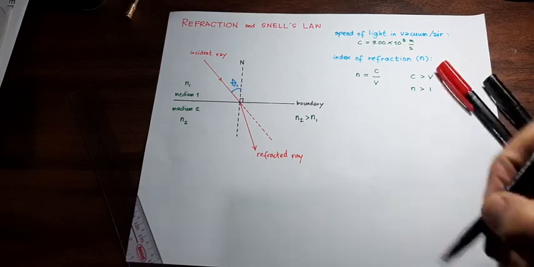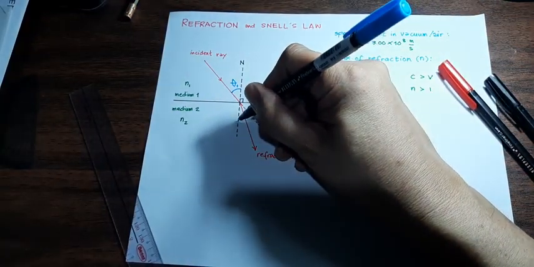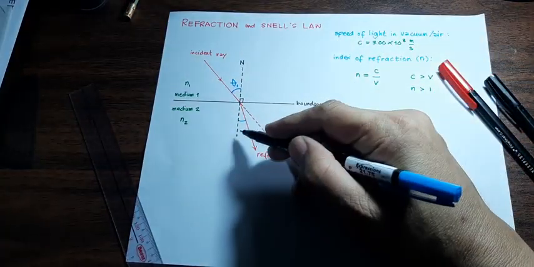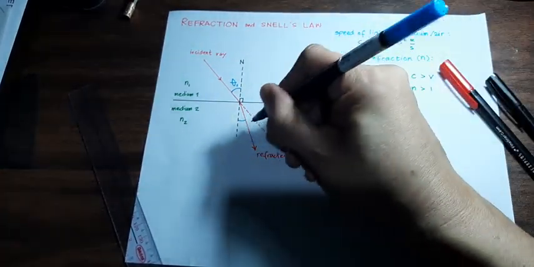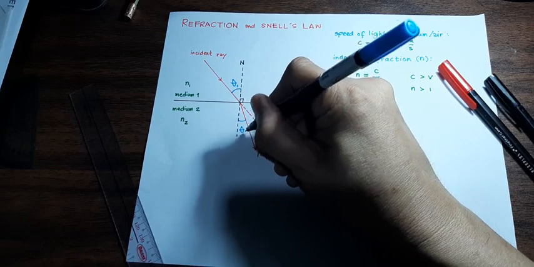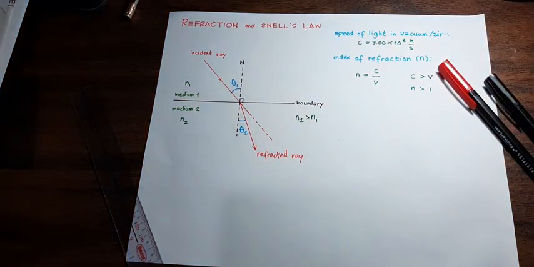And we can also indicate the angle between the refracted ray and the normal. We call that the angle of refraction, theta sub 2.